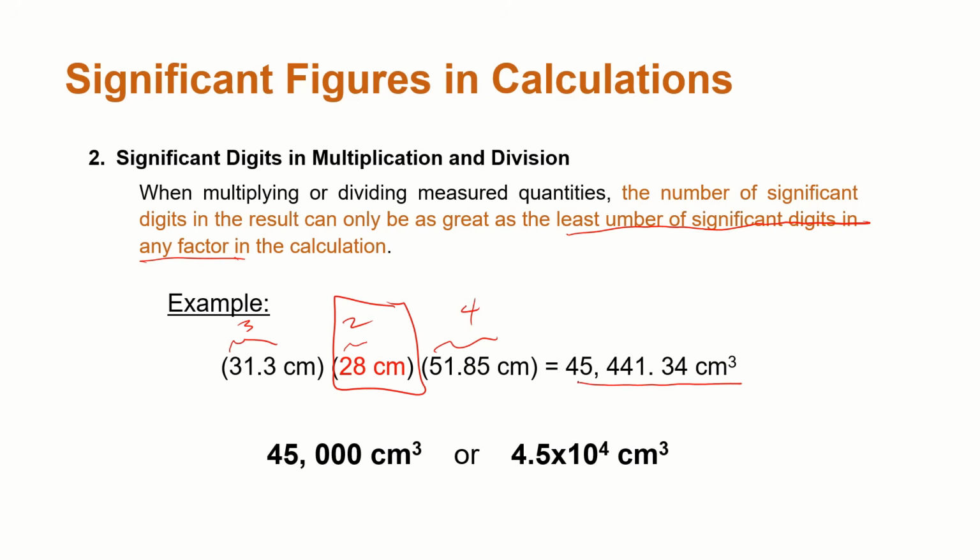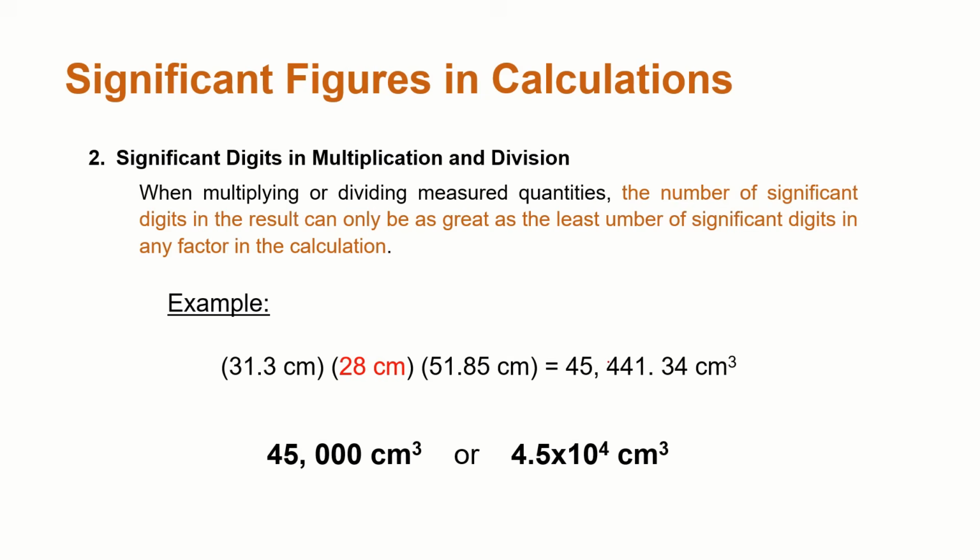So, i-round this off natin siya to this number. So, since 4 to, no need to round this up. So, ang sagot natin dito is 45,000. So, 45,000 cubic centimeter, or in scientific notation, 4.5 times 10 raised to 4 cubic centimeter.